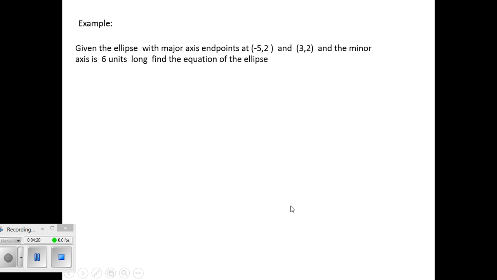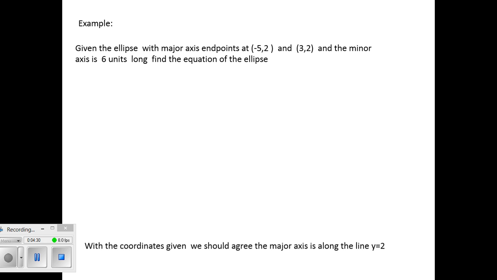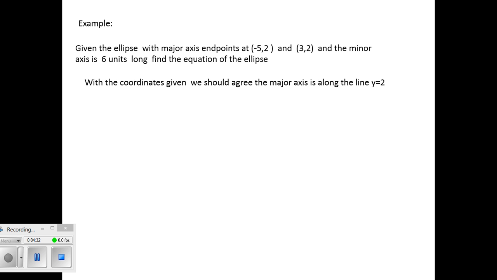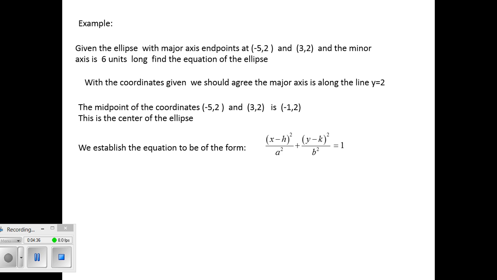So we're taking another example. Given the ellipse with major axis endpoints (-5, 2) and (3, 2), and the minor axis 6 units long, find the equation of the ellipse, okay?